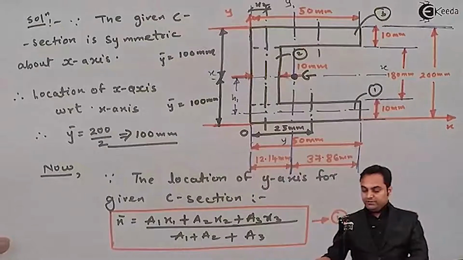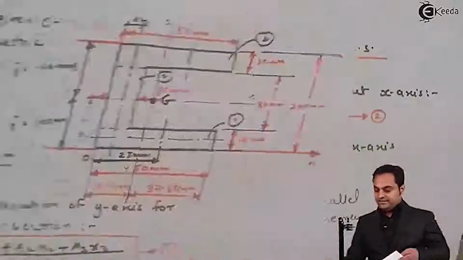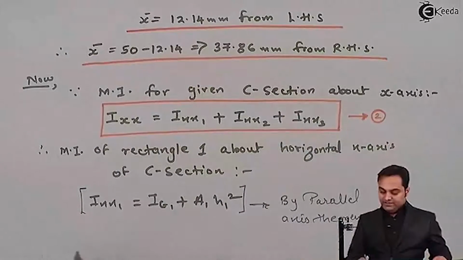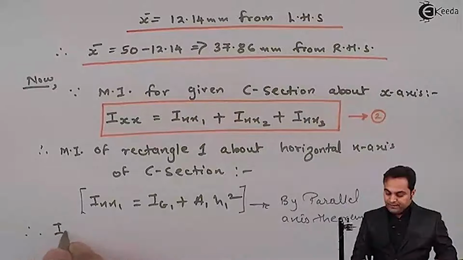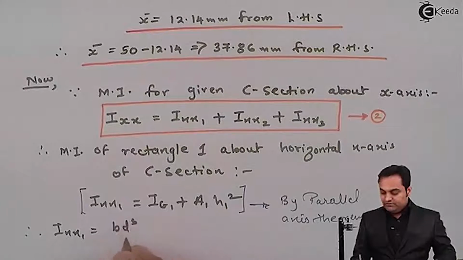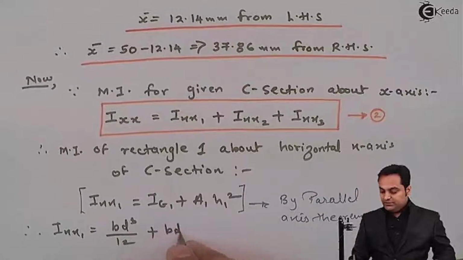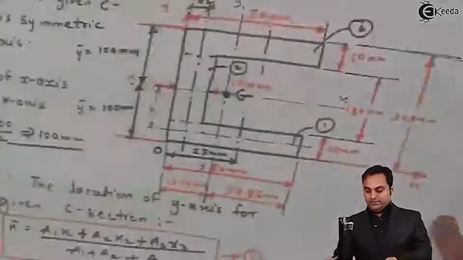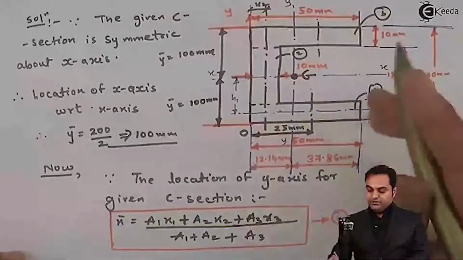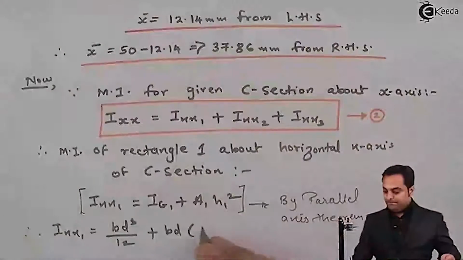So here I need to calculate the MI for section 1 about the centroidal axis. So here I have written Ig1, therefore Ix1 will be, Ig1 is, since it is about the horizontal, BD cube by 12. The formula for rectangle plus area is B into D. Now what is H1? H1 is the distance between the two axes, so it is 100 minus half of 10.